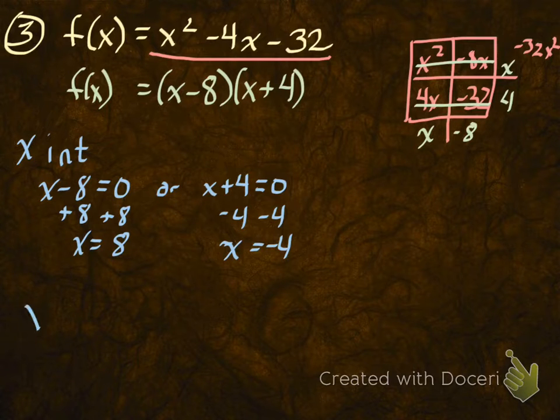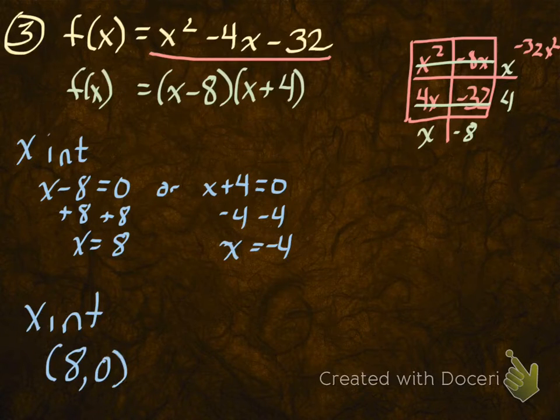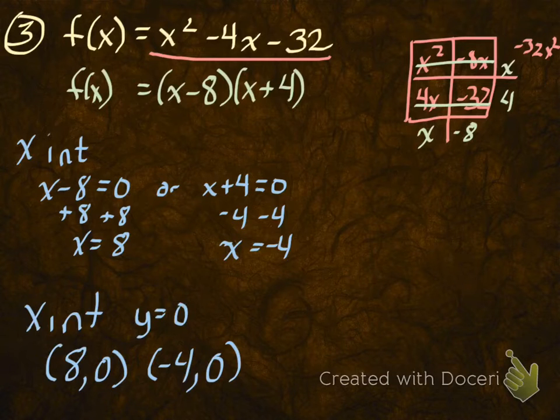So my x-intercepts are, my x is 8, my y is 0. On the next one, my x is -4, my y is 0. X-intercepts will always have a y equal to 0.